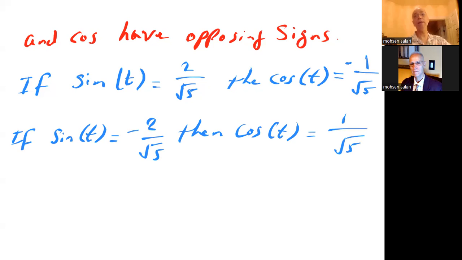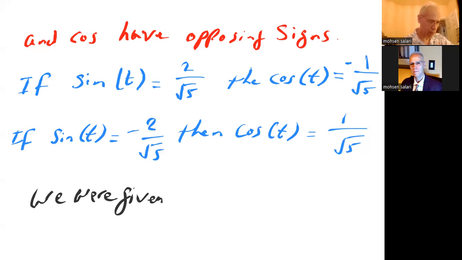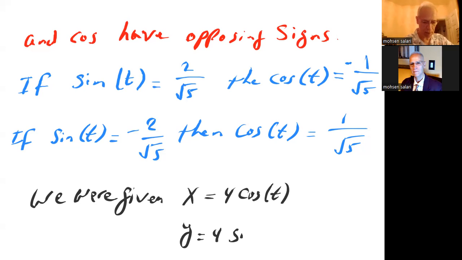We were given x equals 4 cosine of t and y equals 4 sine of t.